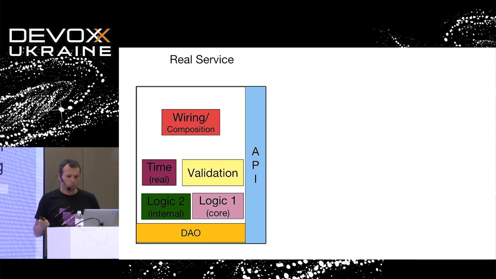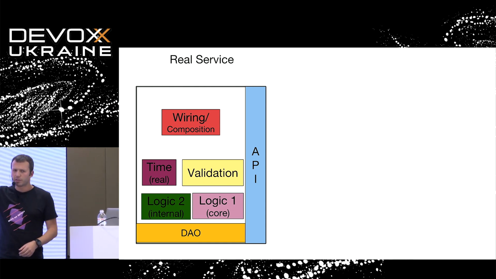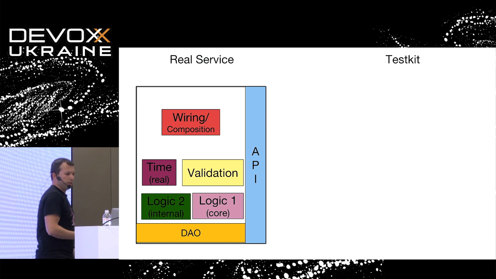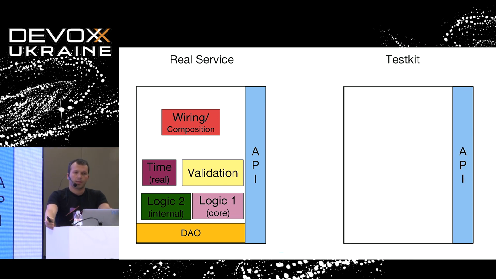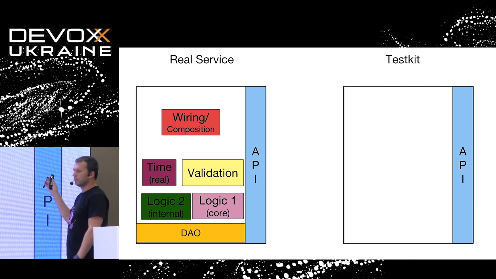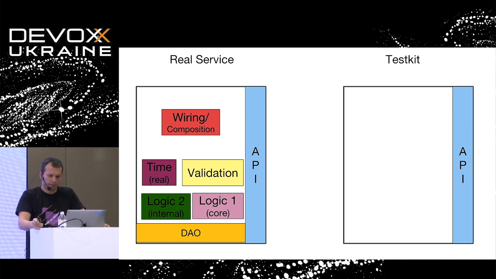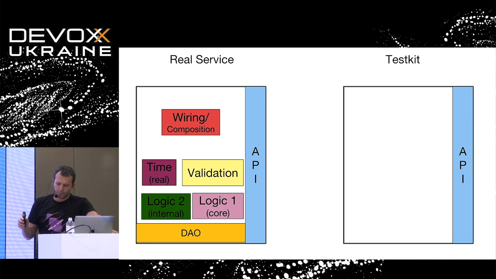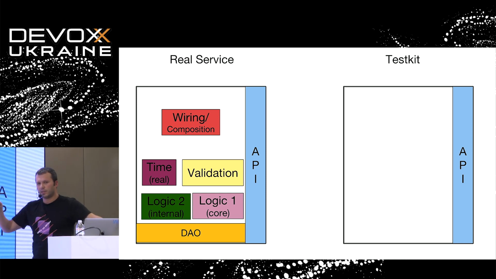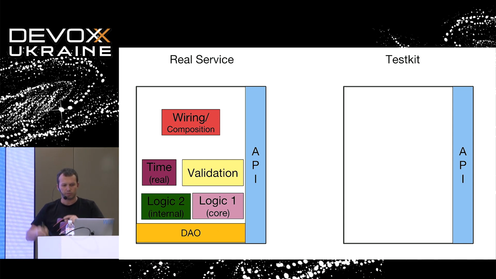So if this is the real service, you have a lot of parts inside. Let's start to build the test kit. So the API is a must, because if we don't have the API, there's nothing to do with it. And as I mentioned before, you remember this point where we had this test double and we failed. So I said, okay, now you're going to implement this logic of blocked user, don't show it.